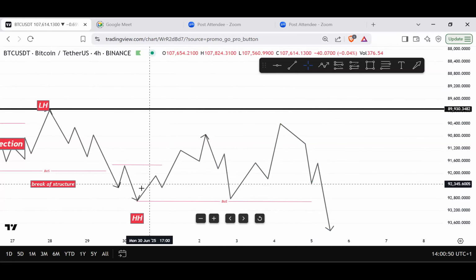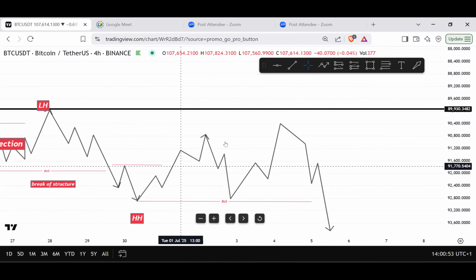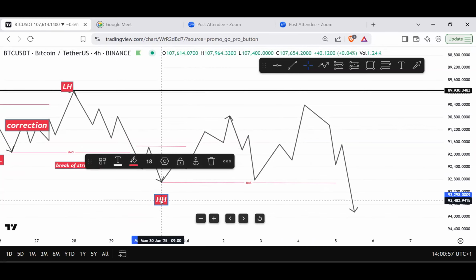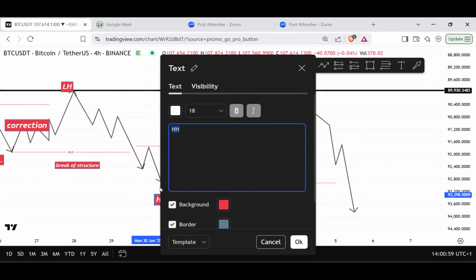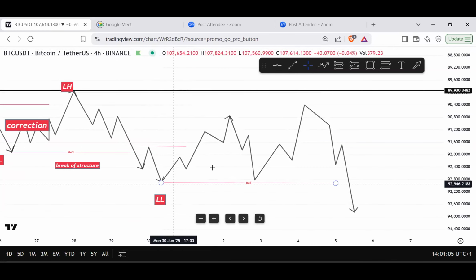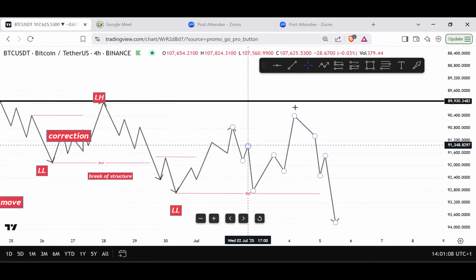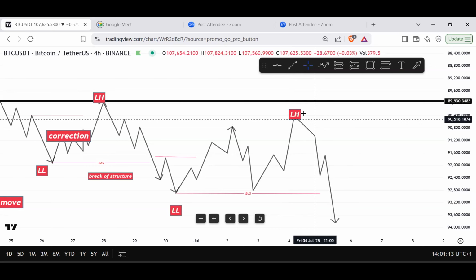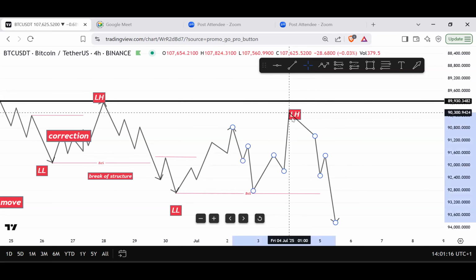Let's just say we have this correction. Once the correction happens, we'll know that this is a lower low. Then the correction will form the lower high, because that area is part of the correction only.